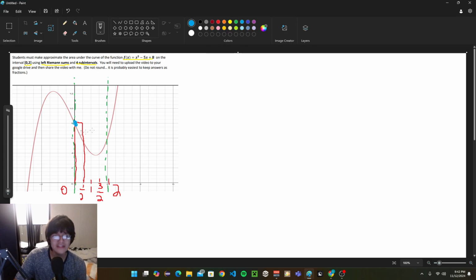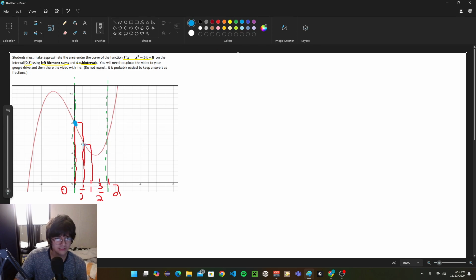If it was right Riemann sums, it would be down here where it can touch the graph, but that's not what the question's asking for. And if it was midpoint, it would be like right here where the graph is in the middle of the top line. But we're using left Riemann sums. So this next one would look like this.